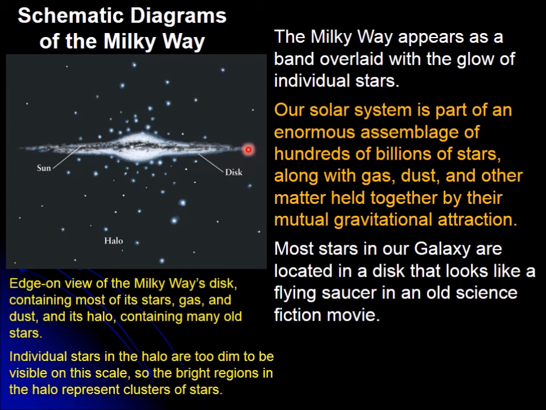So we have basically a disk, we have a bulge, and all of this is surrounded not by stars, but by spherical clusters of stars. And we are somewhere between the edge and the center, almost exactly midway between the two. So this looks kind of like a Mexican sombrero or like a flying saucer.